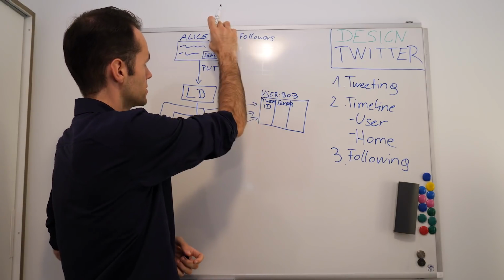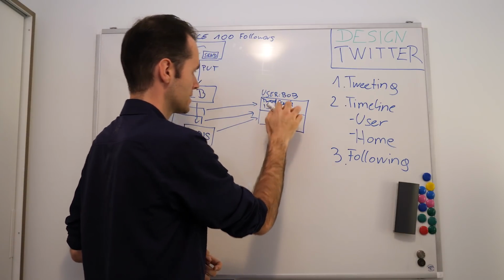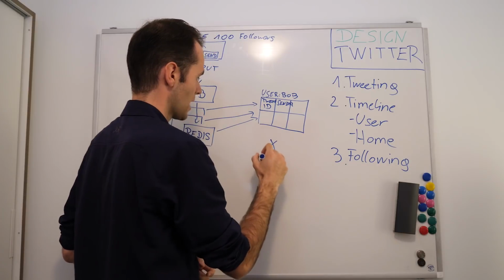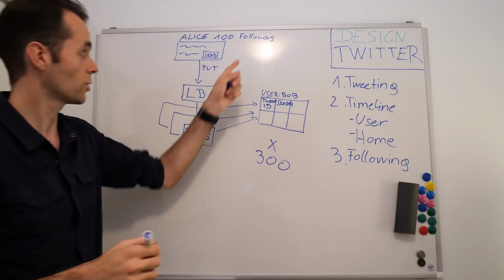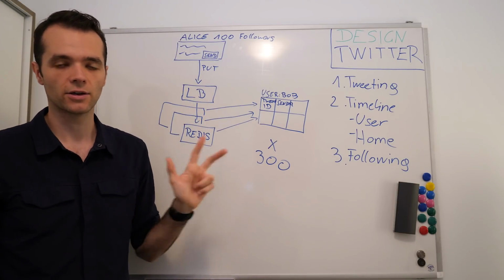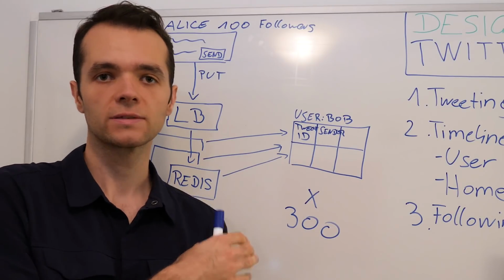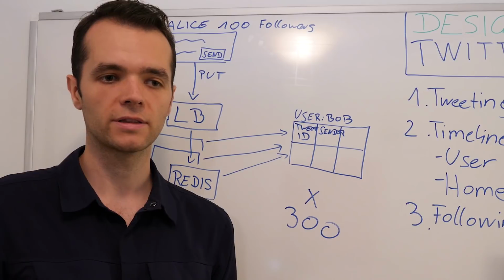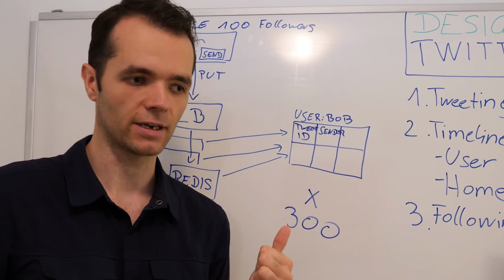So Alice does it, this gets done for Bob, so her tweet lands in here, and this happens 300 times because Alice has 100 followers and the update is getting replicated on 3 independent Redis machines. Now if we do this, the interviewer could ask you what could be a performance problem with this architecture.